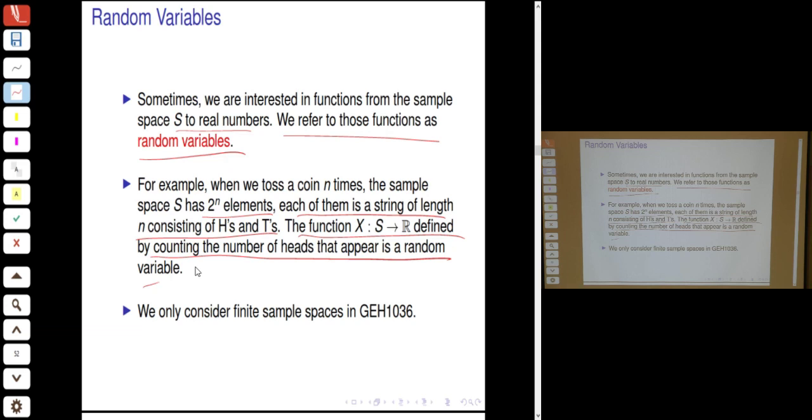If you think about it, the total number of heads is just a function where you input the string of h's and t's that you receive from the experiment, and the output is just the total number of heads.